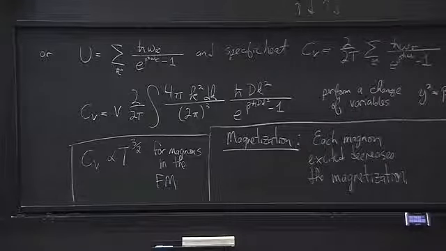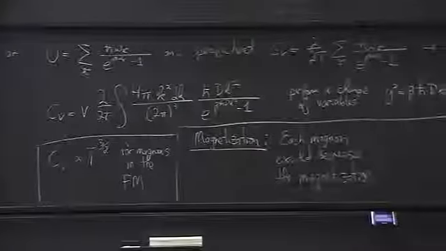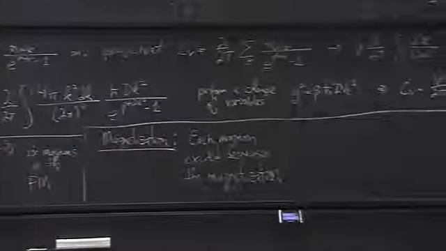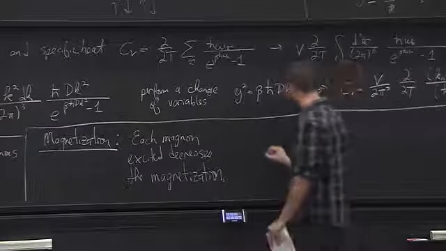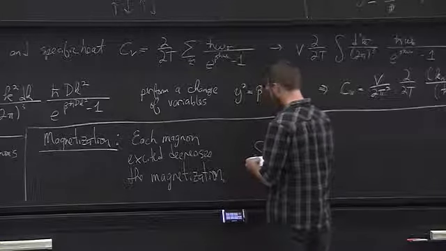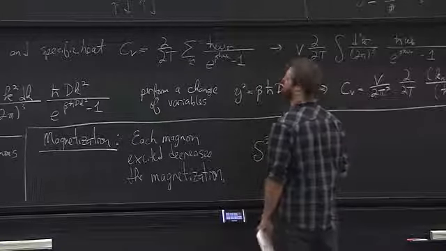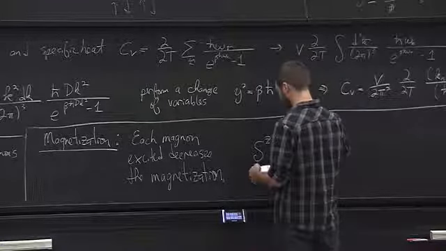Alright, so if my ground state is everything pointing in the Z direction, then each magnon excited decreases that magnetization. And I can calculate the magnetization. What am I going to call this thing?